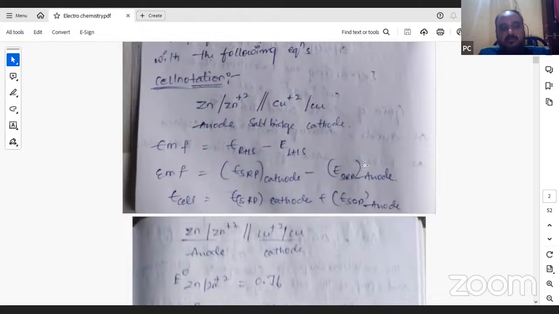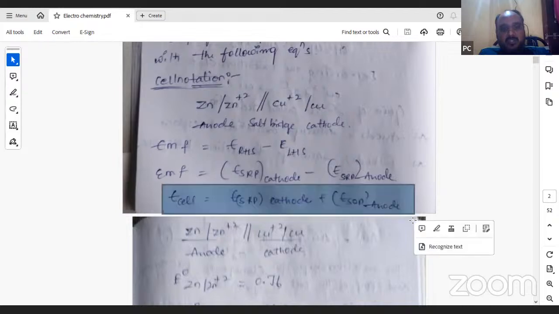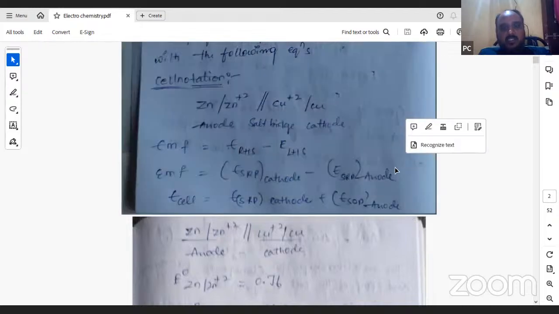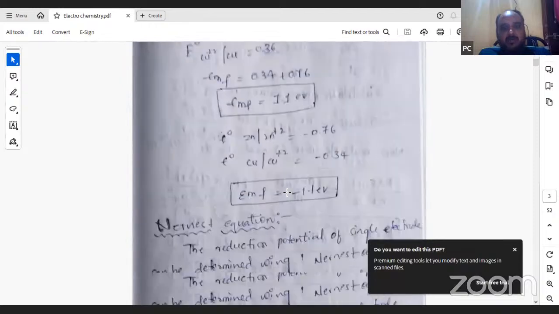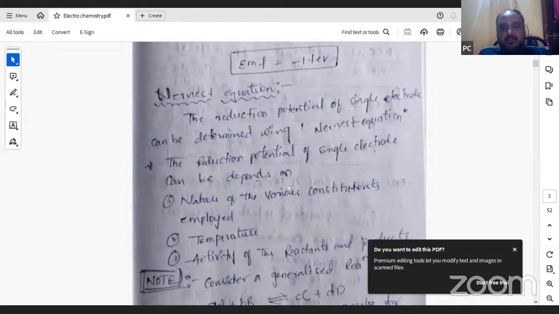Or else, if one has an oxidation potential and the other has a reduction potential, we have to use summation, right? The Daniell cell, the zinc copper electrode example, gives 1.1 volts, already completed. Then the derivation of the Nernst equation.